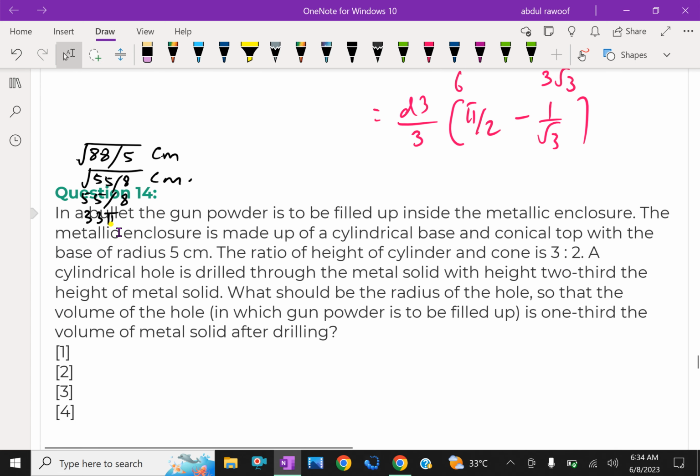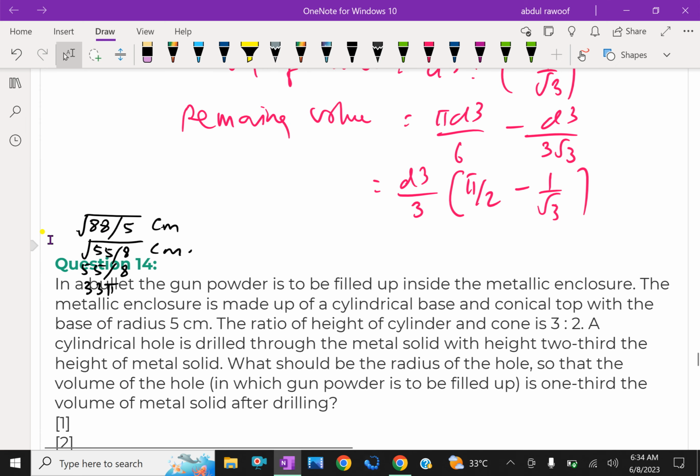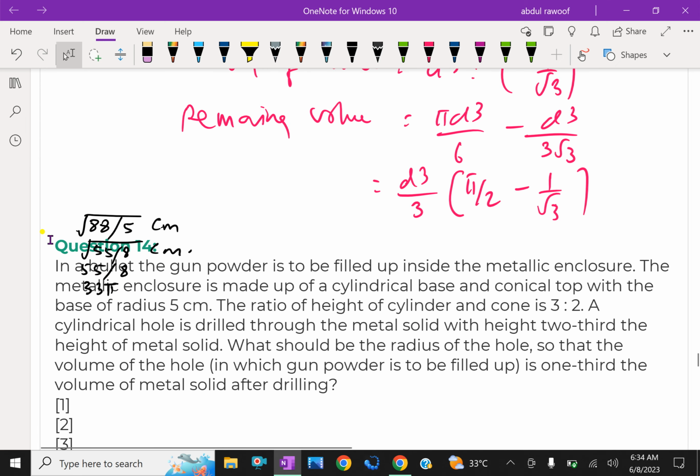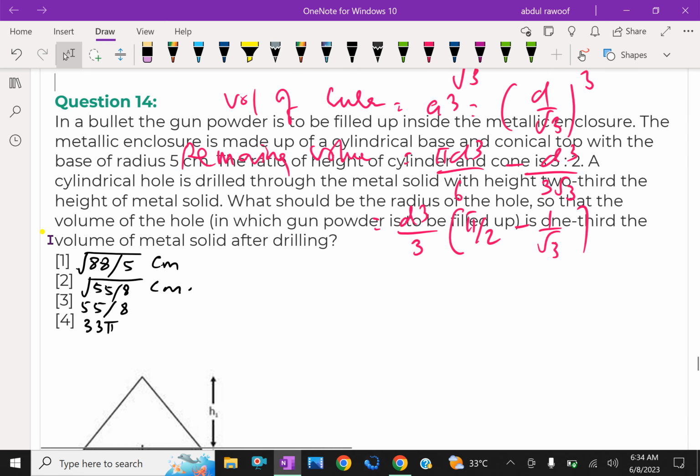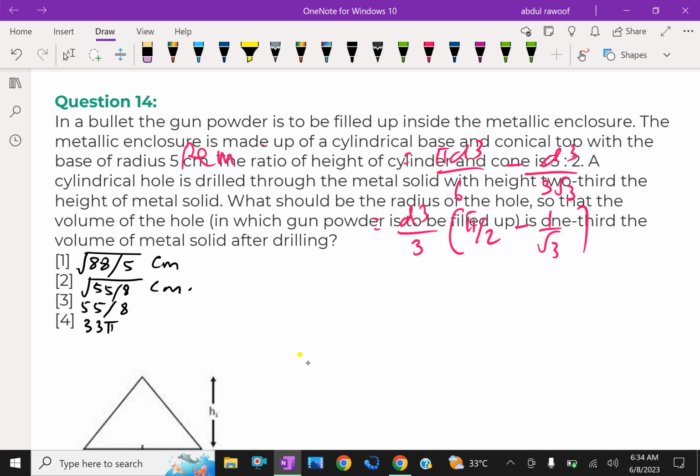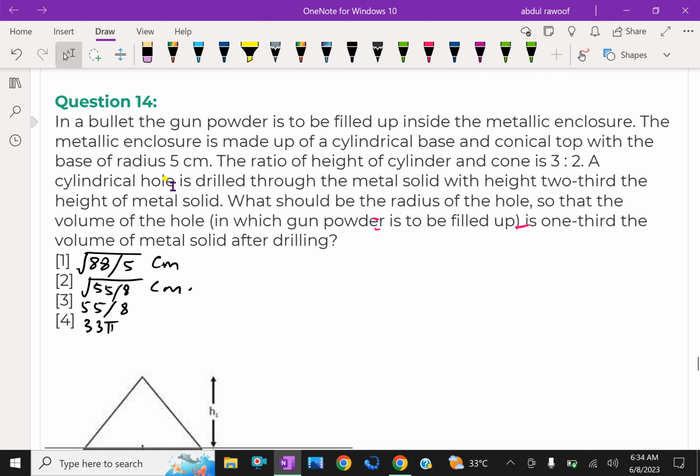Next question. Question number 14. In a bullet, the gunpowder is to be filled up inside the metallic enclosure.